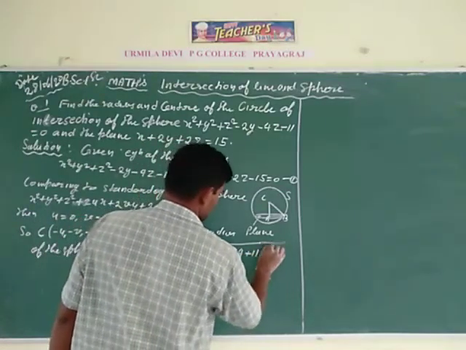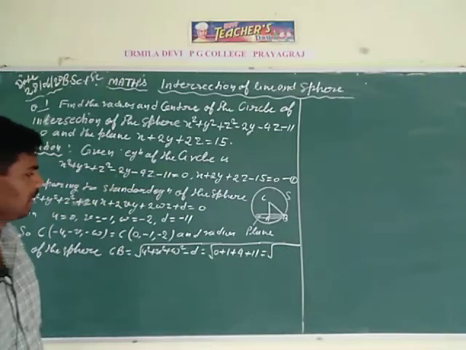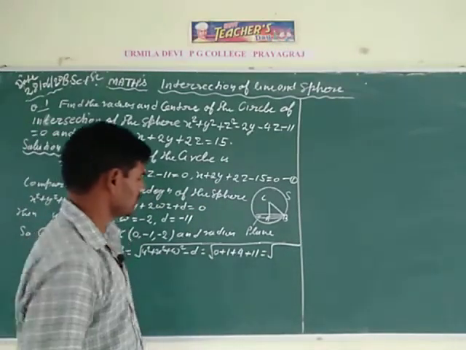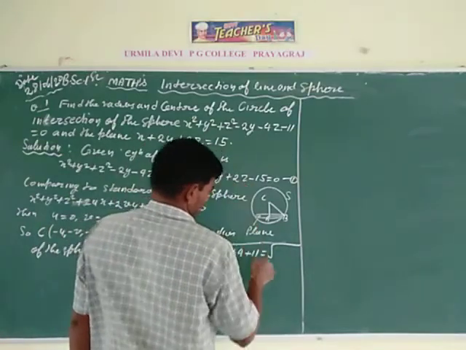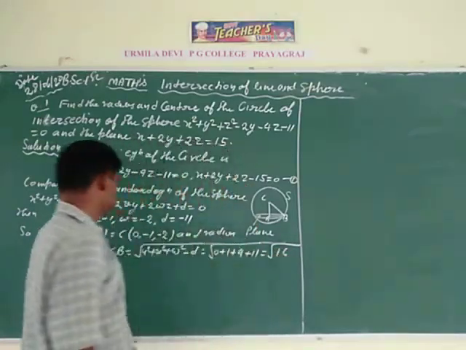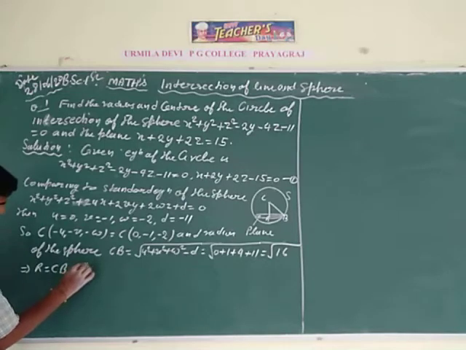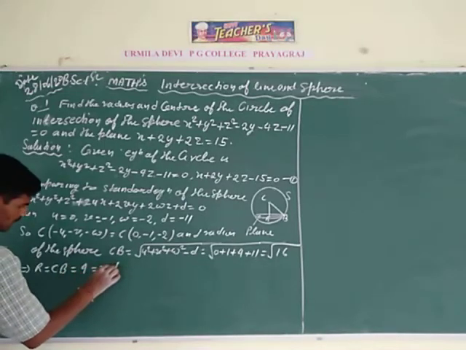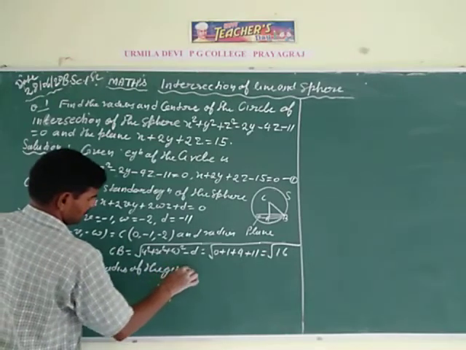After simplifying, it is 4, 1 and 11. 5 plus 11 is equal to 16. The square root of 16 is equal to 4. So it is implied that the radius capital R, CB, is equal to 4, which means the radius of the given sphere.